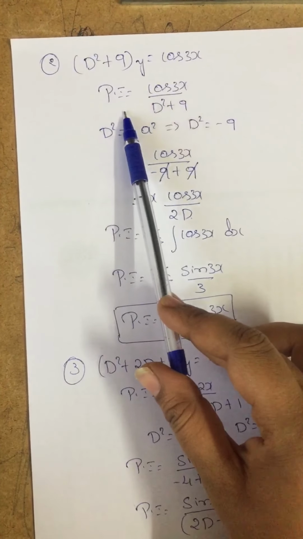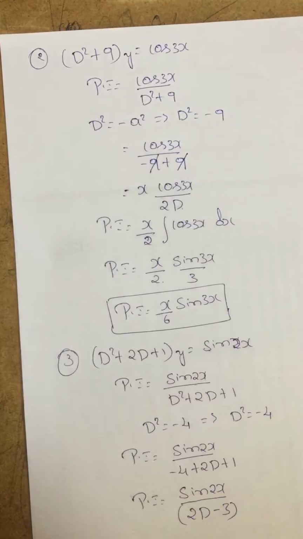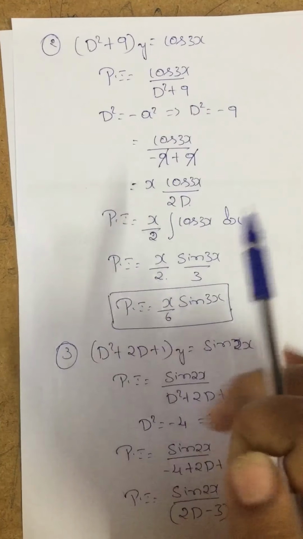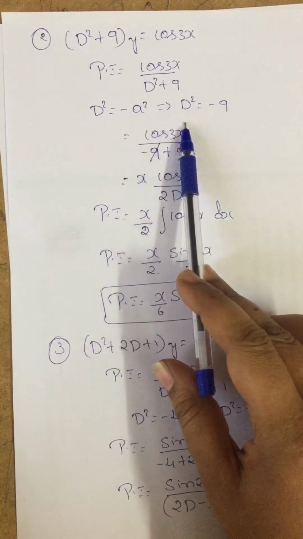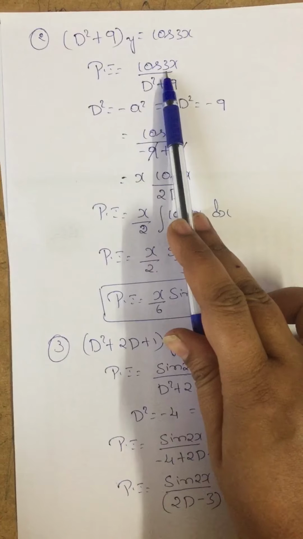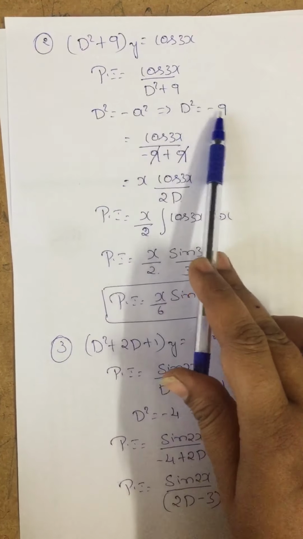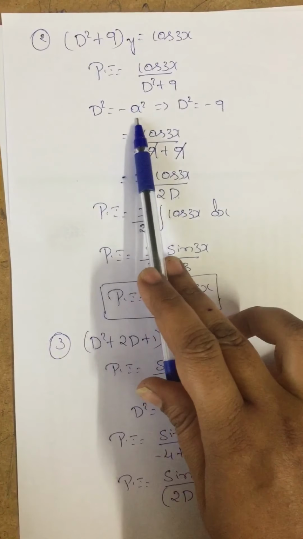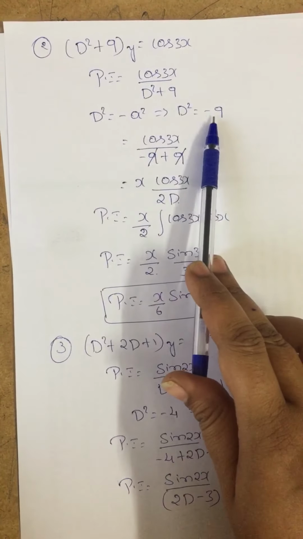So the particular integral can be written as cos 3x divided by d square plus 9. According to the rule we take d square is equal to minus a square, that is d square is equal to minus 9, because the coefficient of x is 3, and 3 square is 9. One thing: it is not minus a whole square, it is minus a square.